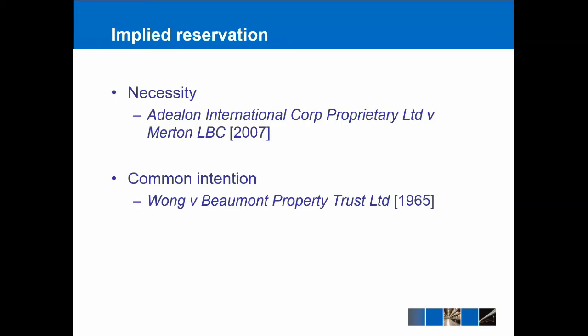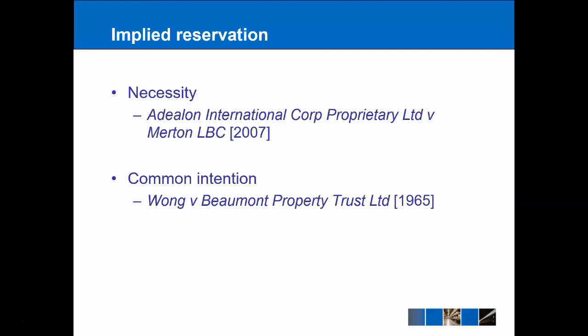And you might think that something like access to the public highway, like we've seen in our own example, is something that would be necessary. But in this situation, it was held that that was not the case. So there's a really high threshold for necessity in these types of situations. So don't just assume that an easement in your own example in a problem question will be solved by necessity.